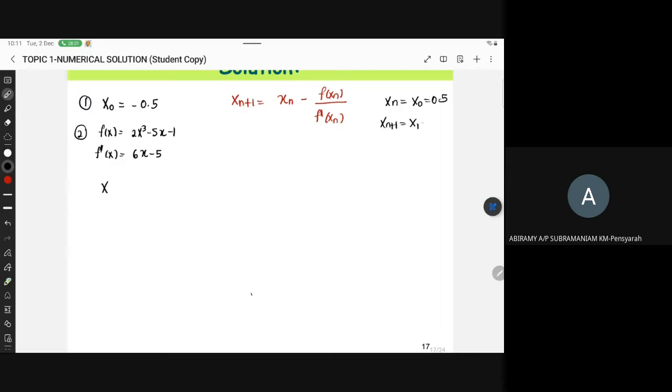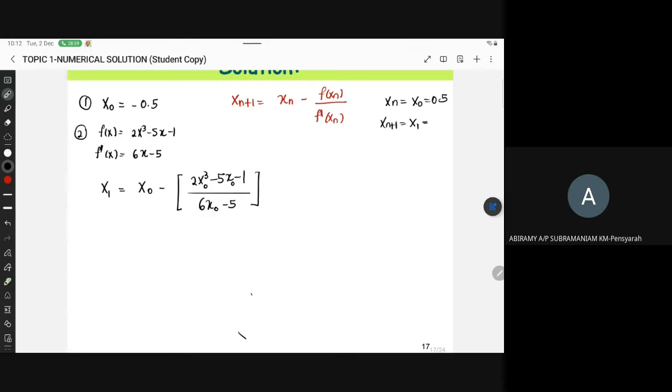It will be x1. x1 is x naught minus f(x naught), where f(x) is 2x cubed minus 5x minus 1, divided by f prime of x naught, which is 6 x naught squared minus 5.